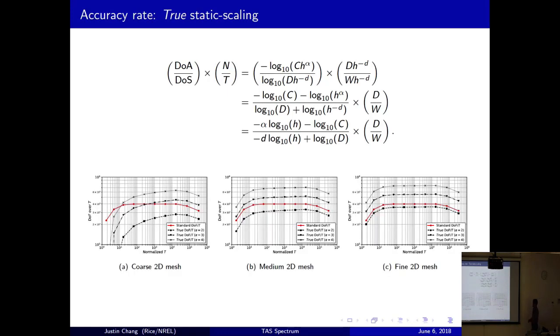If we have a really coarse mesh, and the red line is the standard static scaling metric, then the first fraction will really skew the data points. But as you refine the mesh, as h gets closer to 0, the true static scaling lines will meet the ratio of alpha over d. This is another thing to pay attention to when you do such analyses.